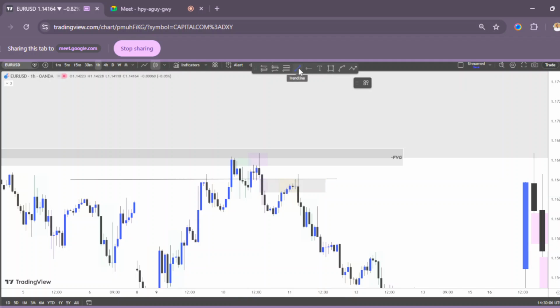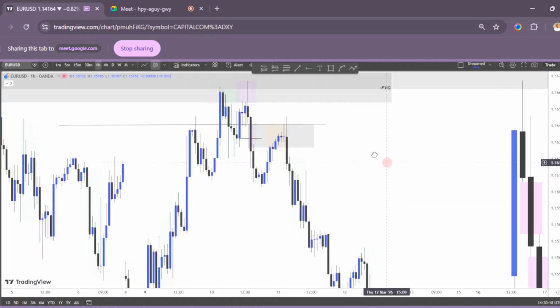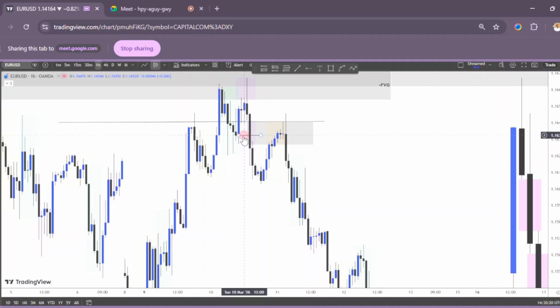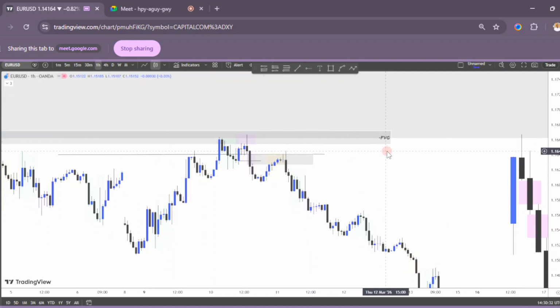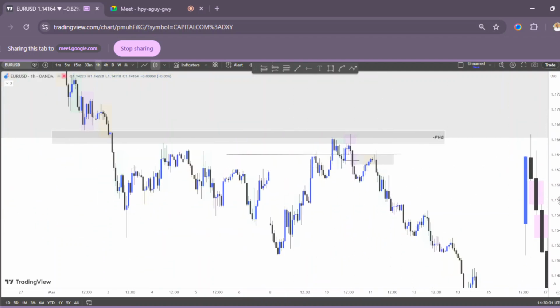If you listen to the video that I've sent, a change in state of delivery plus a fair value gap will always give you powerful entries. Just look at this. We had a change in state of delivery here, and a fair value gap here, and you see how price melted to the downside. That is just an example.